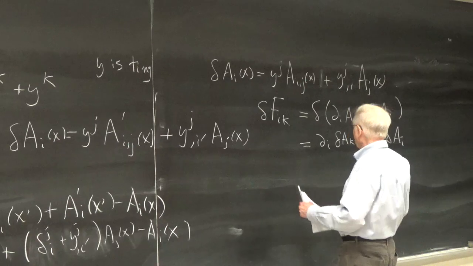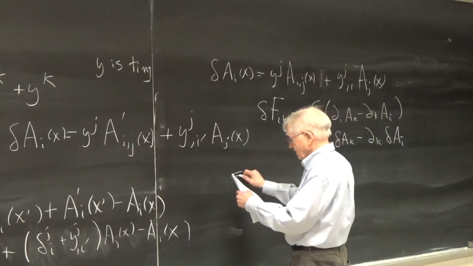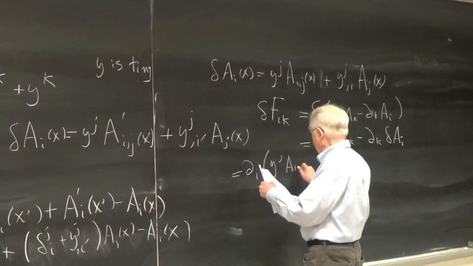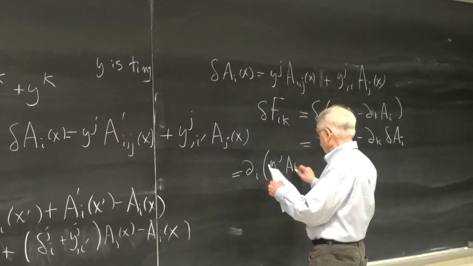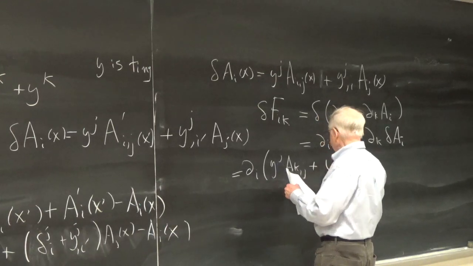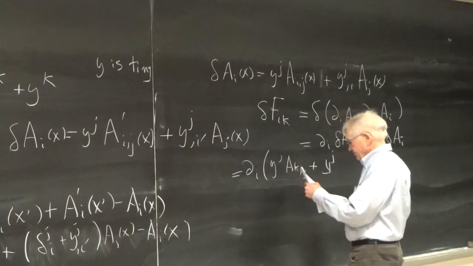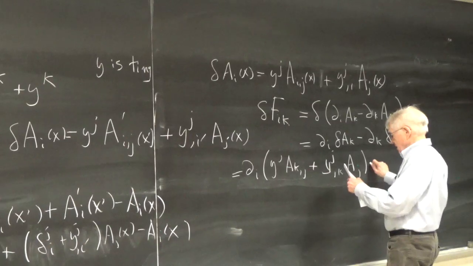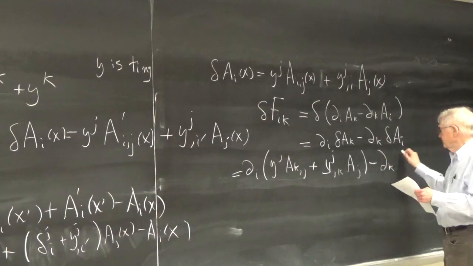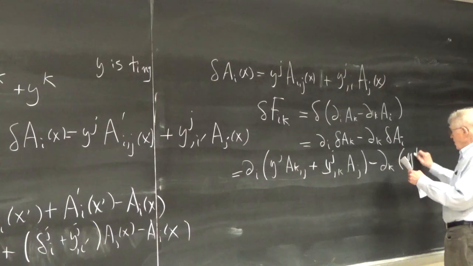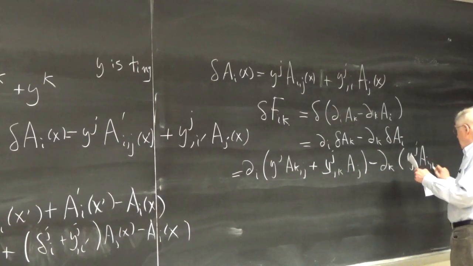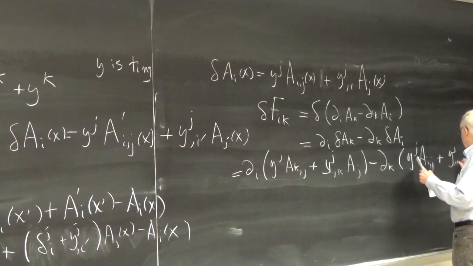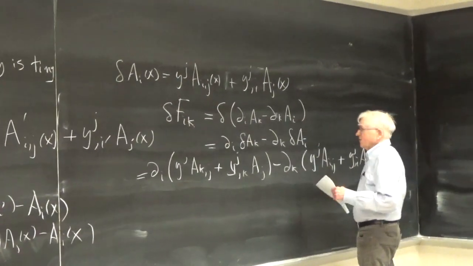And so this is d_i (y^j a_{k,j} plus y^j_{,k} a_j) minus d_k (y^j a_{i,j} plus y^j_{,i} a_j).